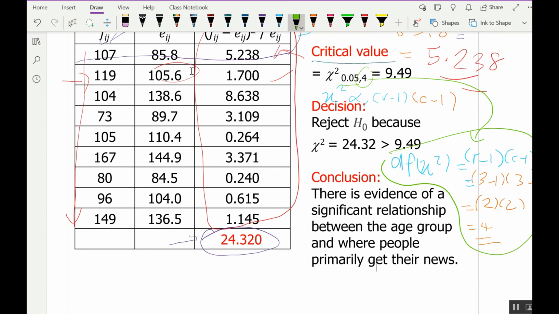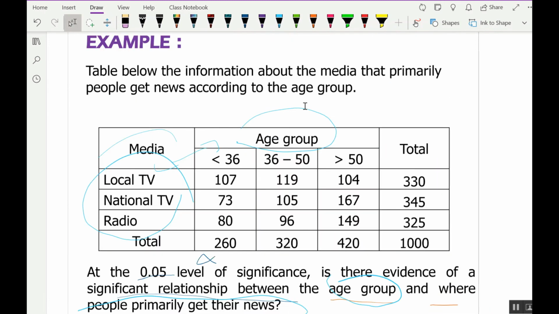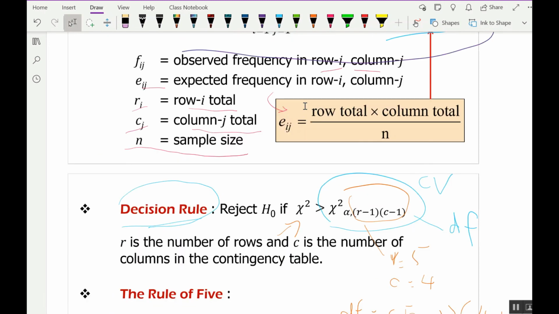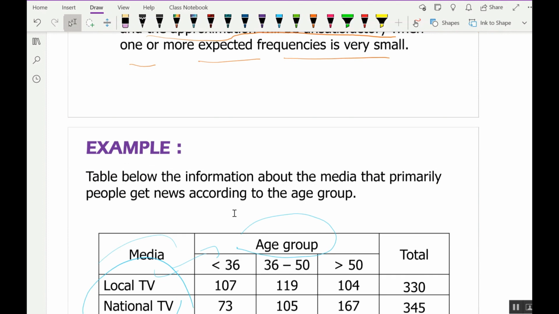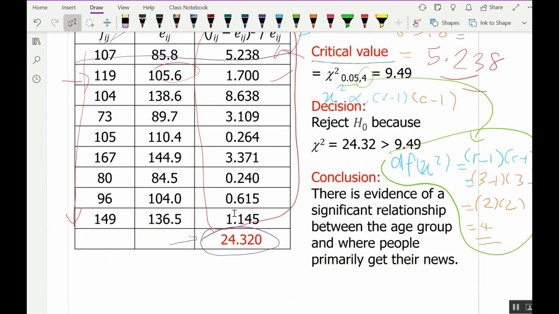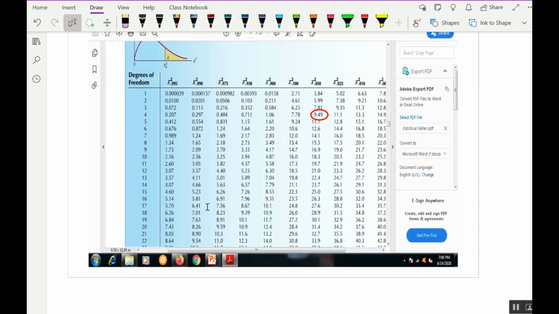Where do I get this formula? It's given in this line; if we scroll back to the decision rule, you get the components: chi-square 0.05 for alpha, and then 4. So you move to the table.